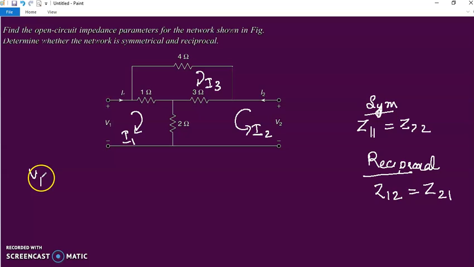First one, V1 minus 1 into I1 minus I3. See, this current is flowing in this direction and this current is flowing in this direction.